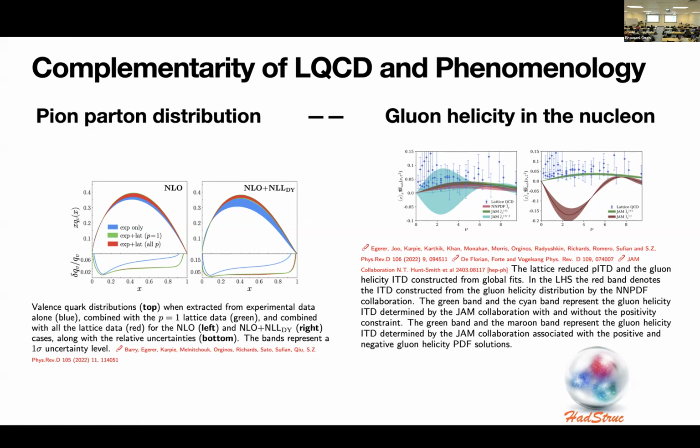Now, here is the Pion distribution. Again, we played this game by taking lattice results together with experiment and a very limited number of lattice results. And you will see, if you look at this red line, it is a reduced uncertainty. Experiment only has this bigger uncertainty. You combine it with a little bit of lattice data, and you get a reduced uncertainty in the extraction.